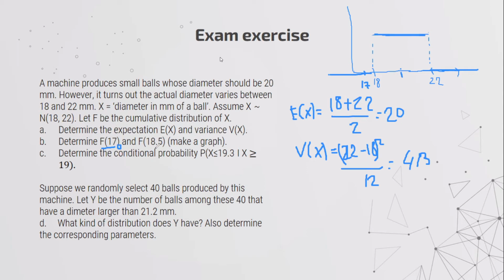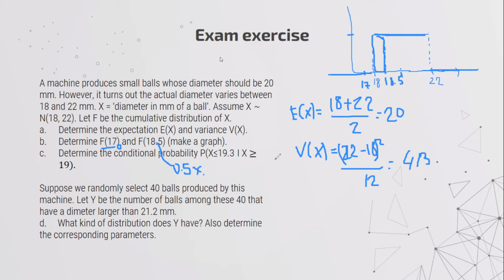F of 18.5. That's something different. We have 18.5 somewhere slightly after 18. We just take the line here and we have to find that area that is here. That's really simple, having just 0.5, because that's that side, times the side that is here.